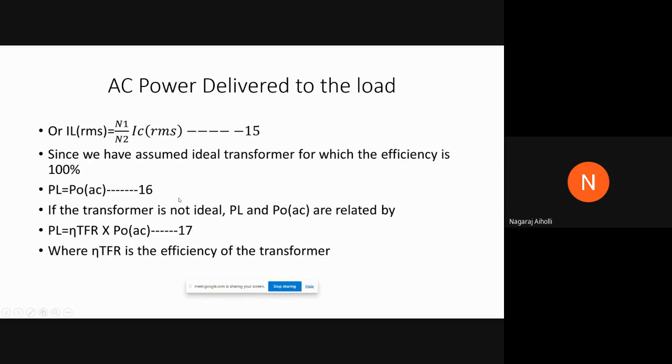If the transformer is practical, that is, if the transformer is not ideal, then PL and P0 AC are related by the equation PL is equal to eta TFR into P0 AC, or PL divided by P0 AC is equal to eta TFR. What is this eta TFR? Eta TFR is the efficiency of the transformer, given by load power divided by the AC output power.